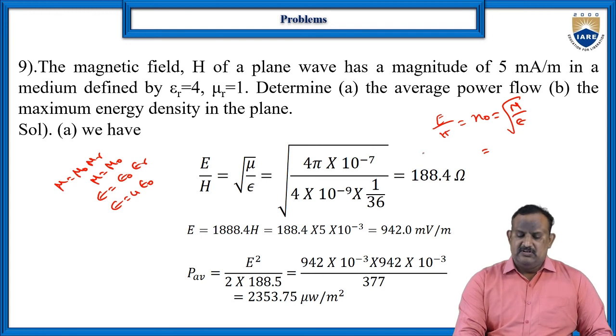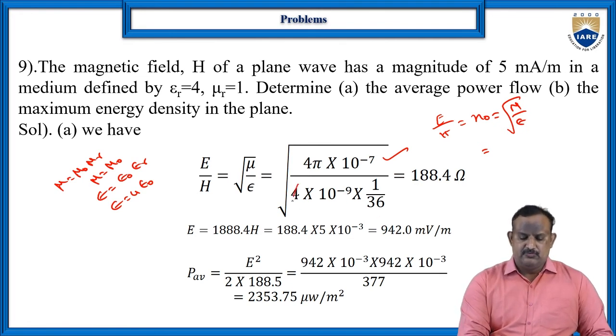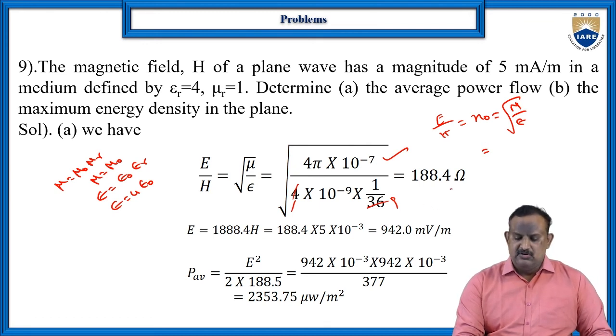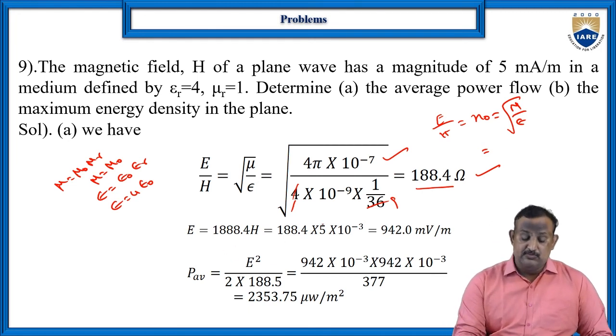In place of mu, we substitute 4 pi into 10 power minus 7, and in place of epsilon, 4 into epsilon naught, whose value is 10 power minus 9 by 36 pi. If you simplify the expression, it is 188.4 ohms.